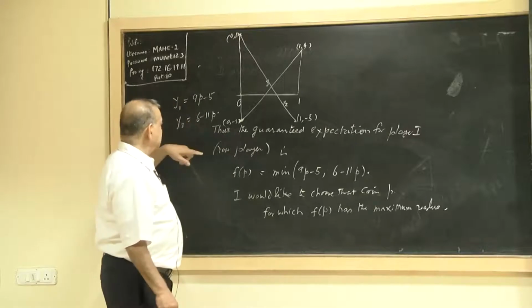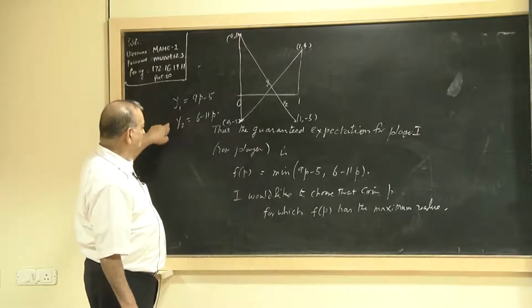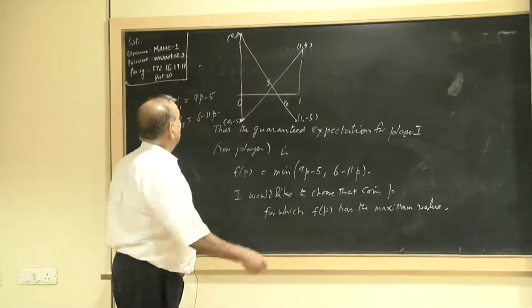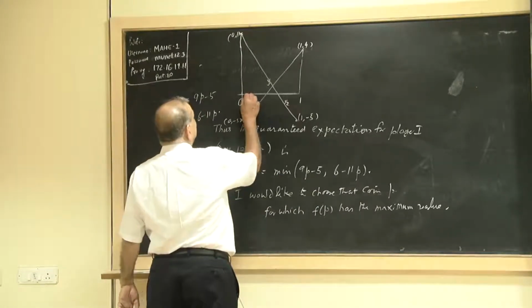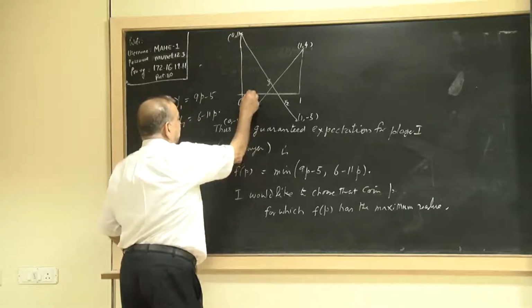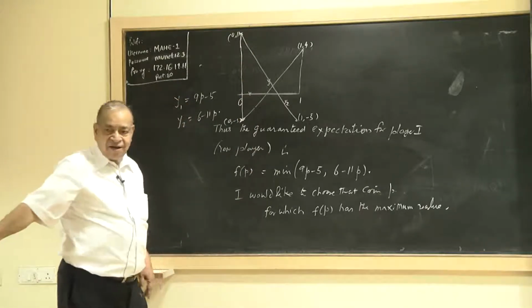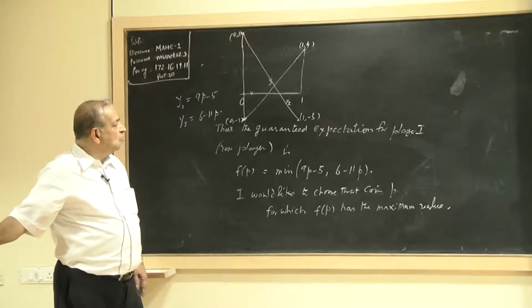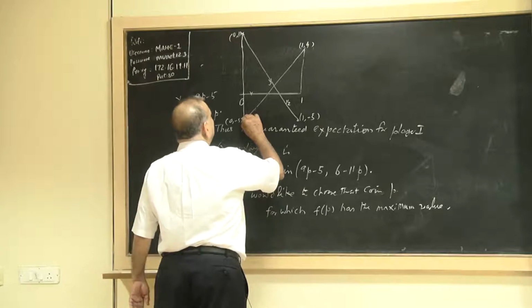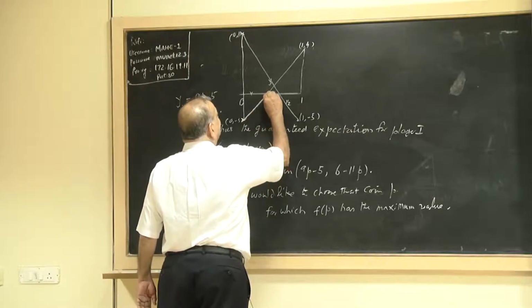Now, for each p I take not y1 or y2, but the minimum of y1 and y2. So here is y1 small or y2 small at this point. At this point, which one is smaller? y1. So it travels like this.